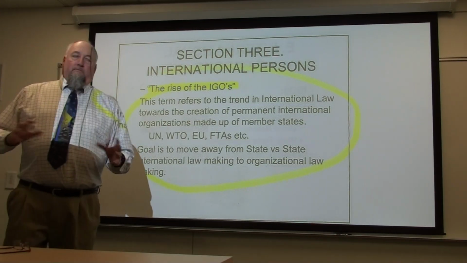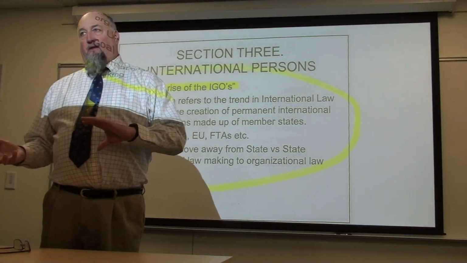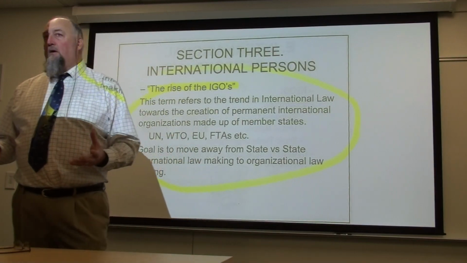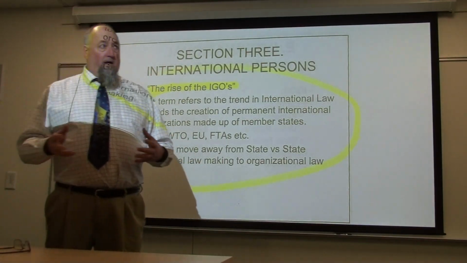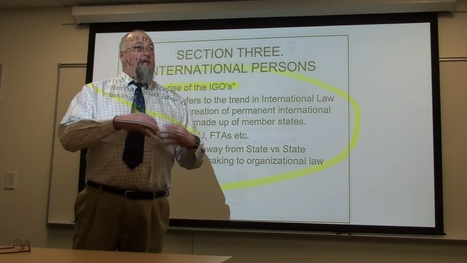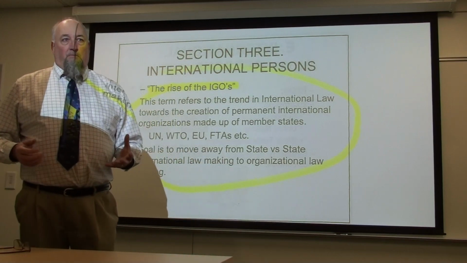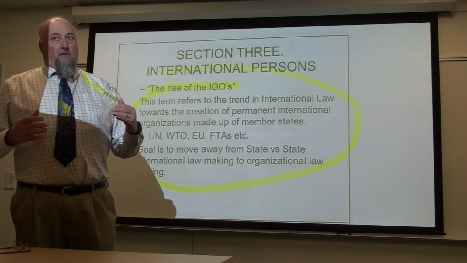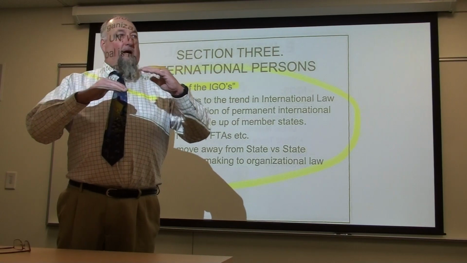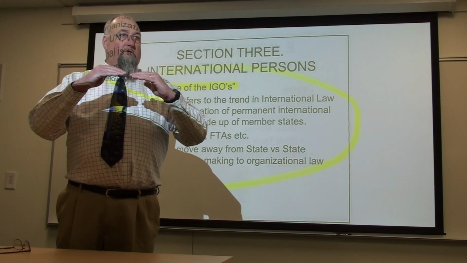Now, depending on which side of the coin you're on, this may be a good thing or a bad thing. A lot of people say, well, wait a minute, these international organizations basically have the function of taking away individual sovereignty and putting it up on a global level, like the World Trade Organization, very controversial in some ways, because essentially one way of looking at it is a state is giving up its right to legislate domestically because they have to follow international rules.